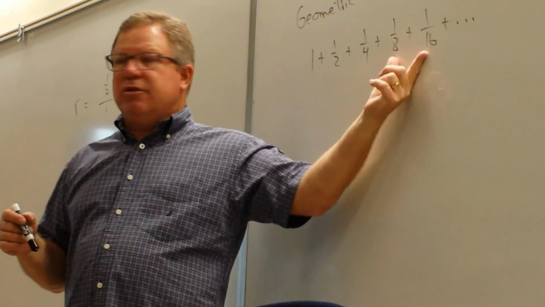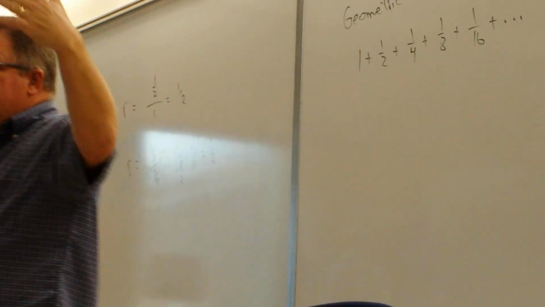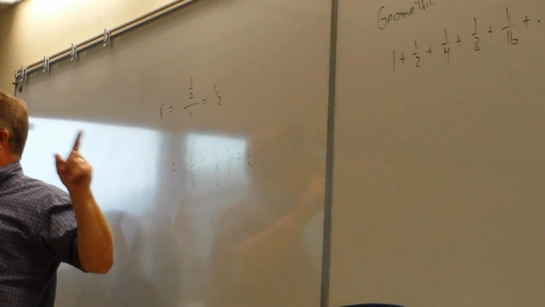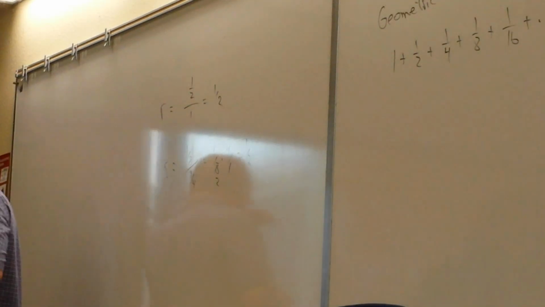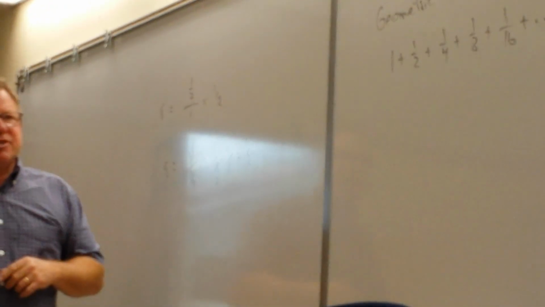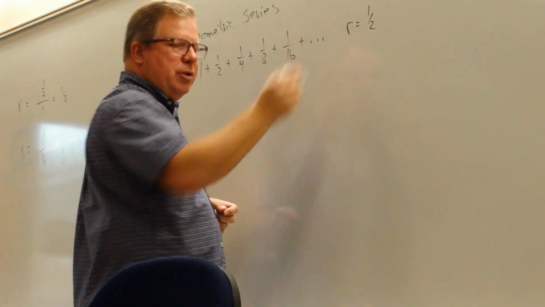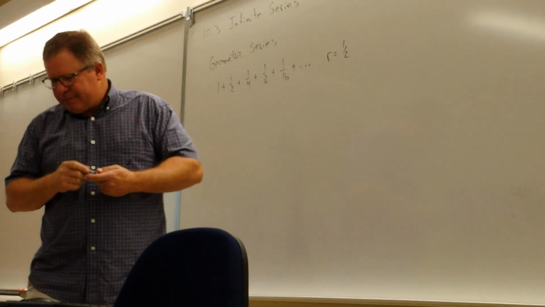Any two consecutive terms, take the second one, divide by the first, and you'll get this common ratio. And they will always be the same. If it's a geometric series, it will always be the same. So for this one, we'll say that r, the common ratio, is 1/2.